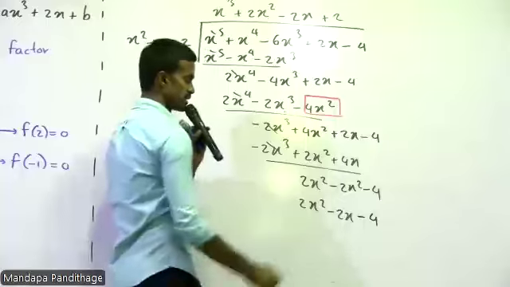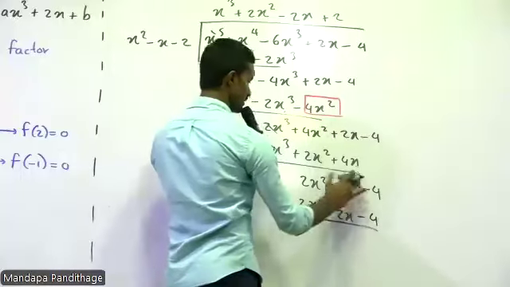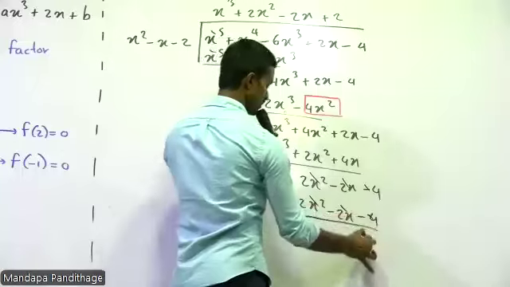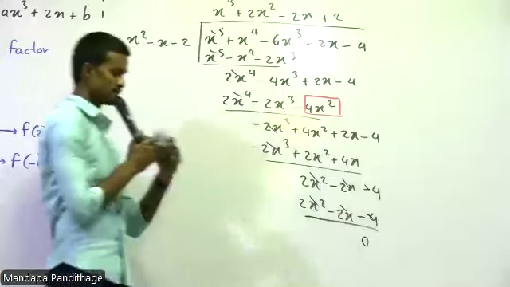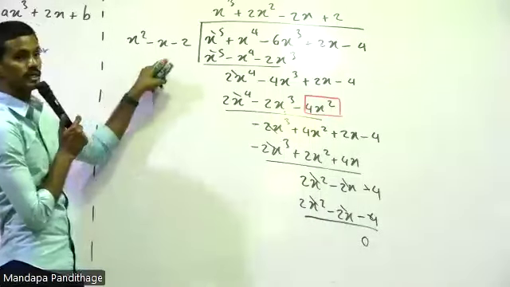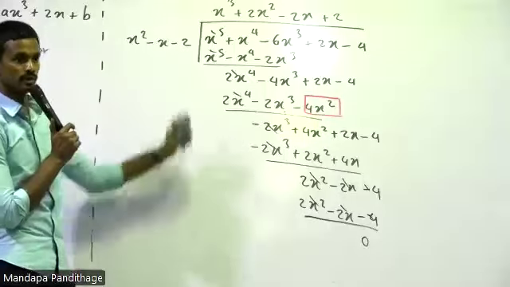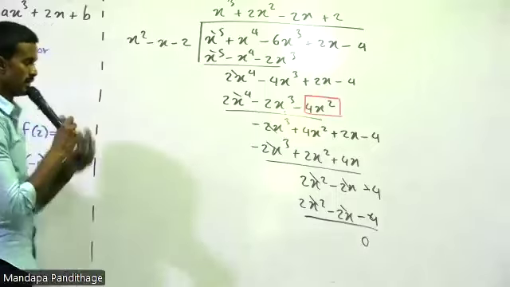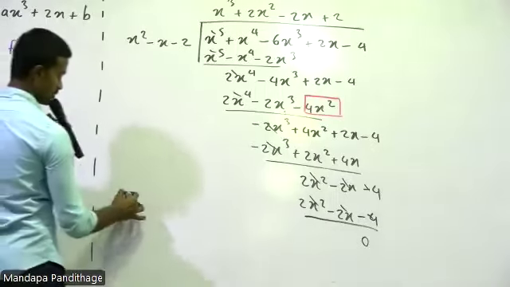So if your division is correct, you are supposed to get 0. Why does this become 0? You have divided by a factor. Clear? When you divide by a factor, if your division is correct, you are supposed to get 0. What is the question that they are asking? Quotient.